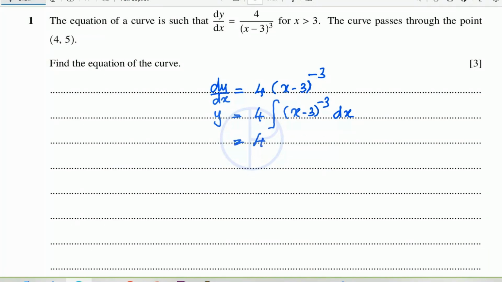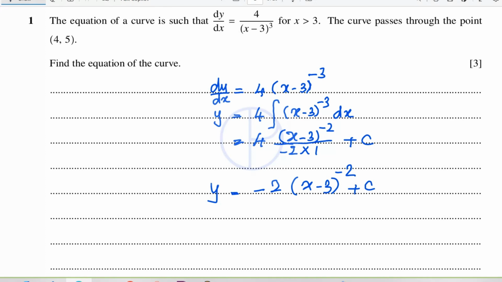Write the constant 4 times (x minus 3) the whole power. Increase the power by 1, so negative 2, divided by the new power, that is negative 2, times the coefficient of x, which is 1, plus c. So y is equal to negative 2 multiplied by (x minus 3) the whole power negative 2 plus c.